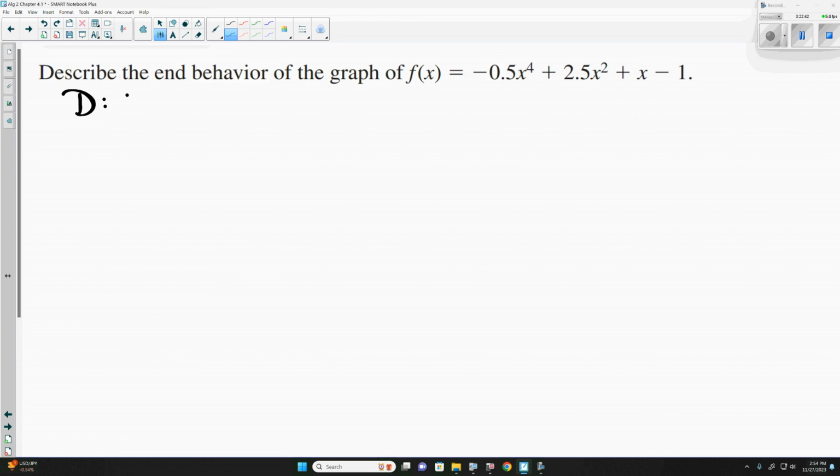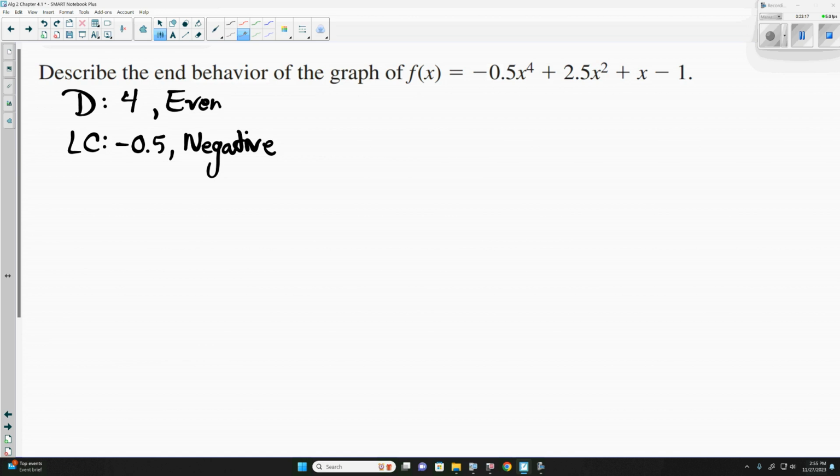The degree is 4, which is even. We don't need all the rest of it because we're just talking about end behavior, so it's going to be either even or odd with the degree. Since the degree is 4, it is considered even. The other piece we need is the leading coefficient. The leading coefficient is negative 0.5, which is negative.